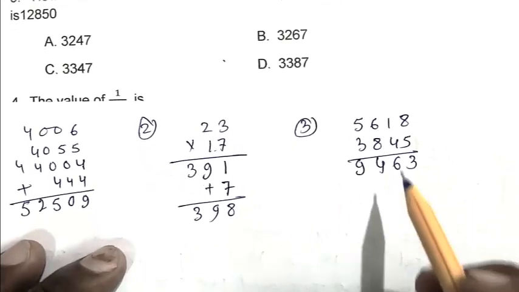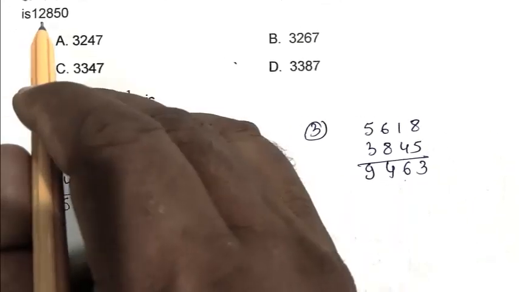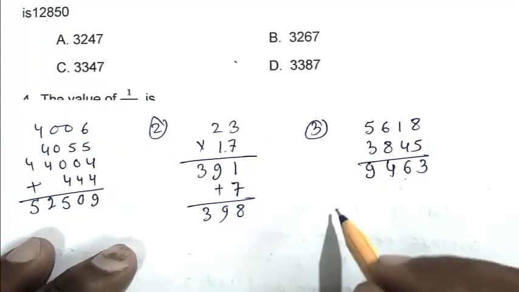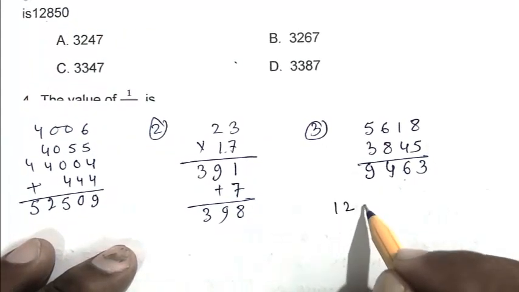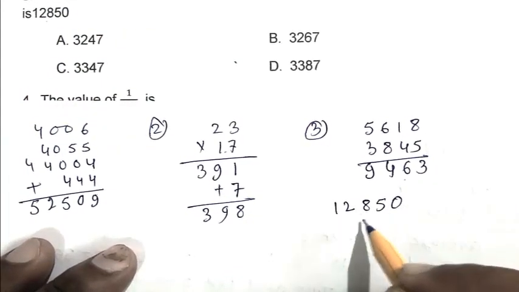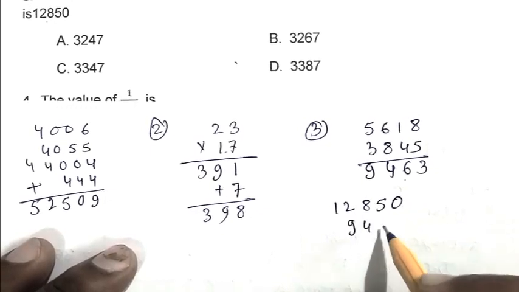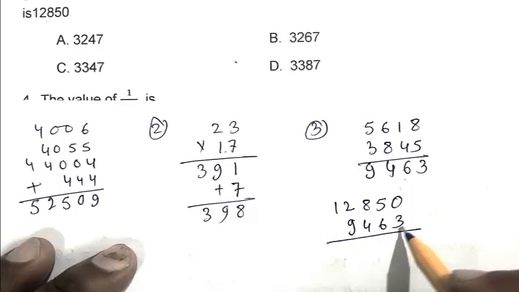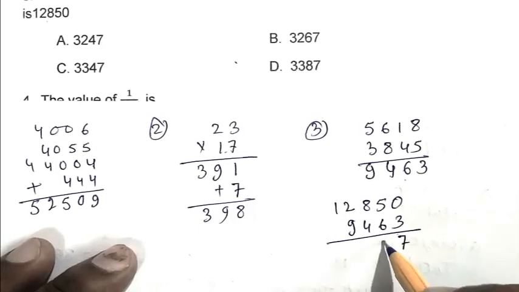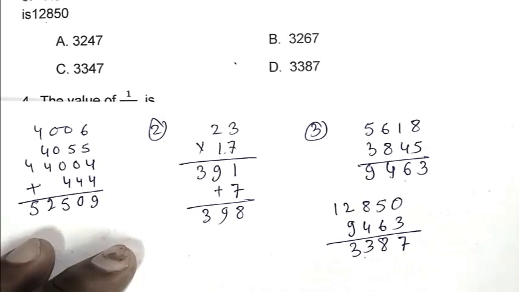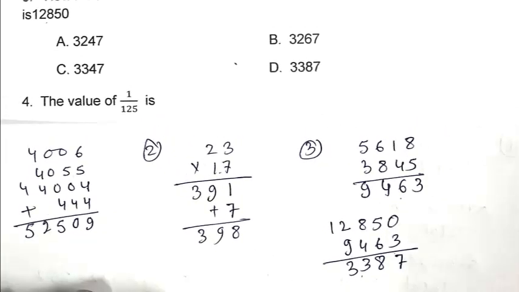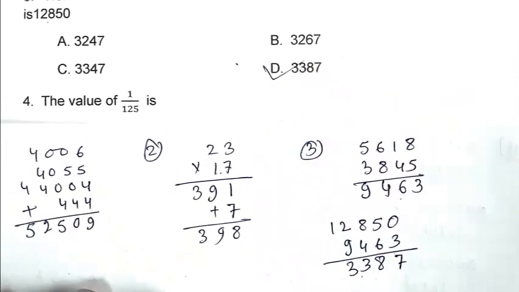After that we subtract this number from 12850, we got 3387. So D is the right answer.